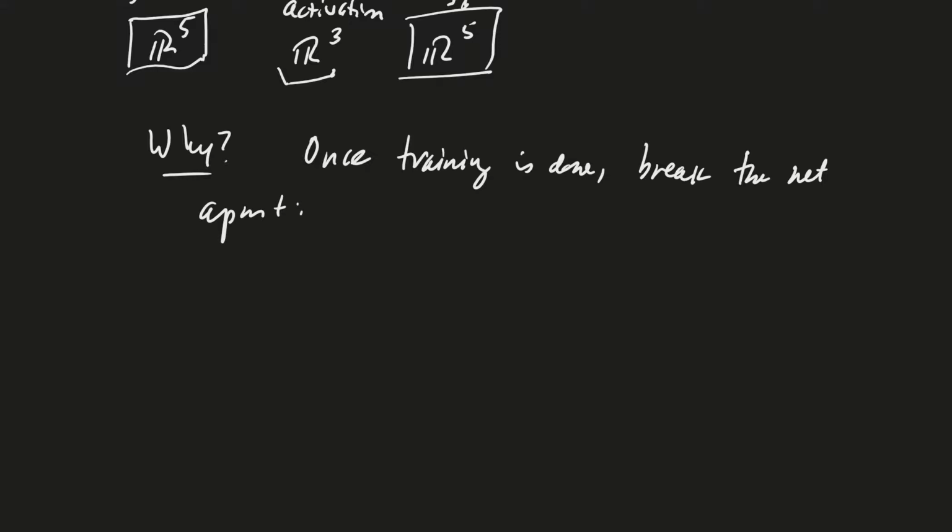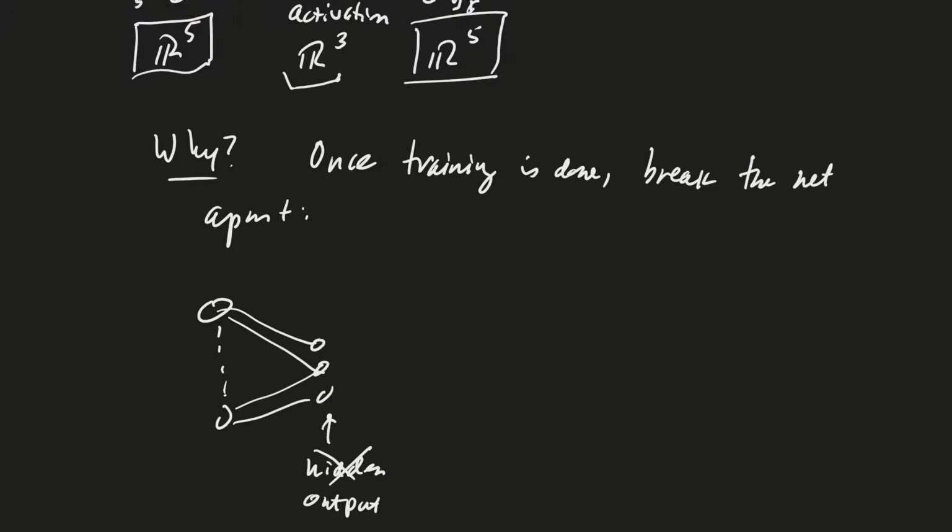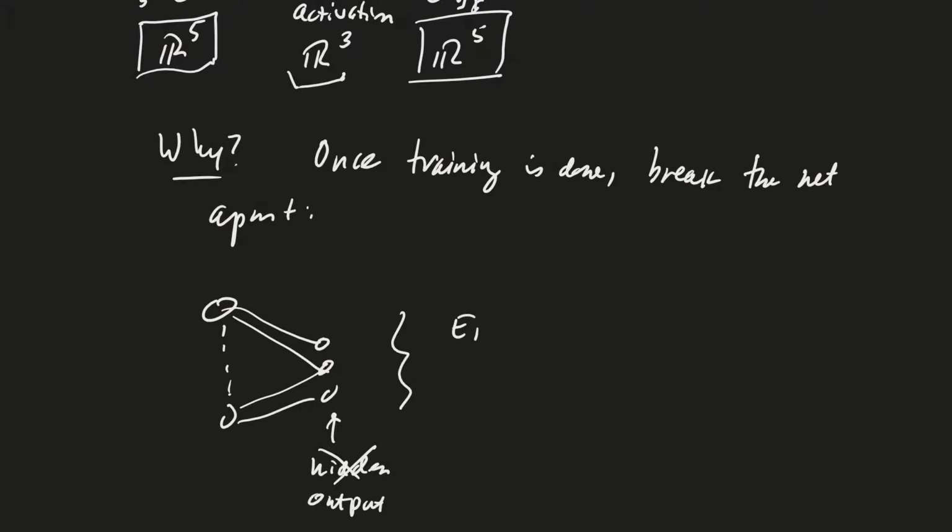The two pieces then would be the first one, where the output layer is actually the middle layer, the hidden layer is now the output. And this network is called the encoding network.